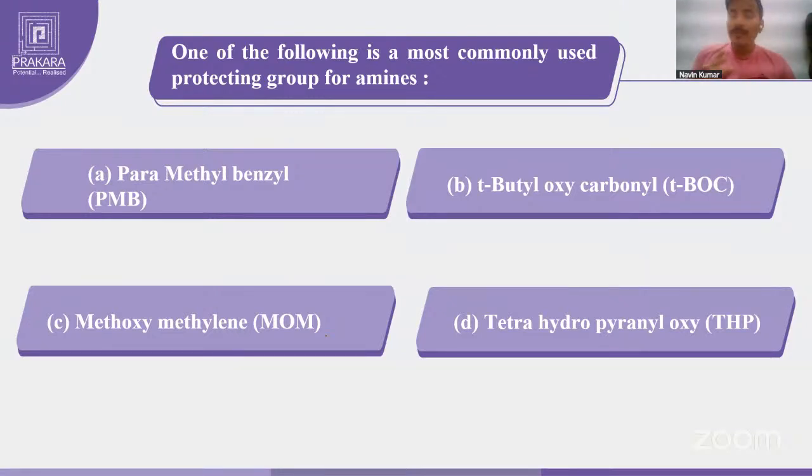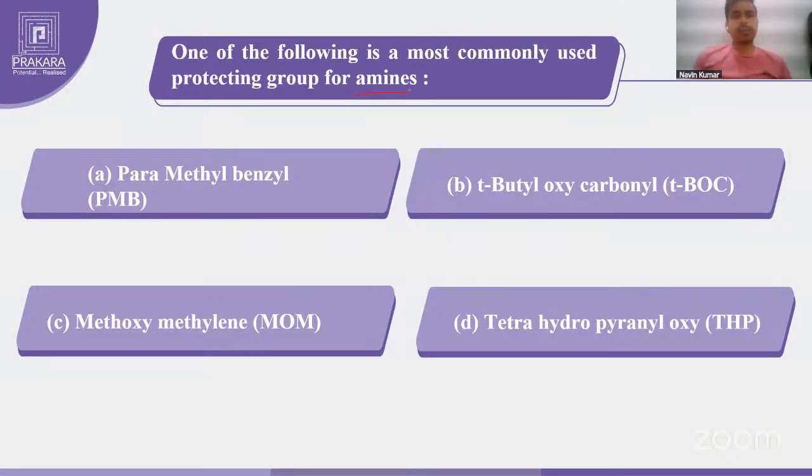Because in most of the national institutes, like NIPER, IIT, NISER, IISER, they all are working on peptide type of molecules. For the synthesis of peptides, we need amino acids, and amino acids have amines. So these kinds of questions can appear in the upcoming examination also.